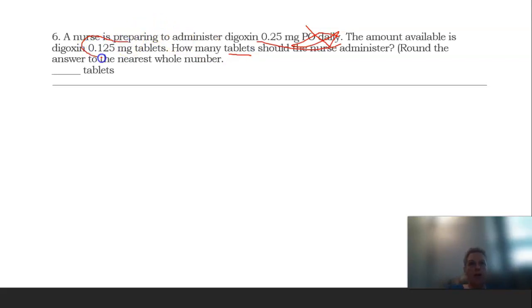Okay, here's the only caveat. I've got milligrams, it's all happy. All I need to remember is, what do I have on hand? What is available? How many 125s go into 250?